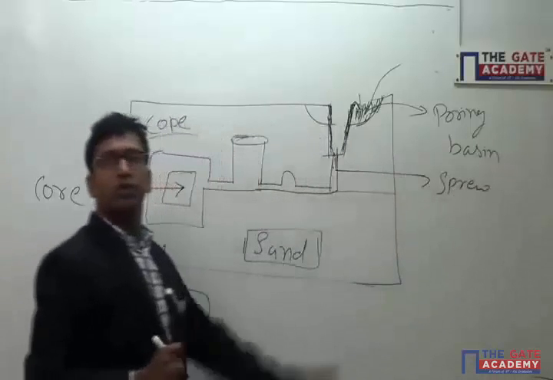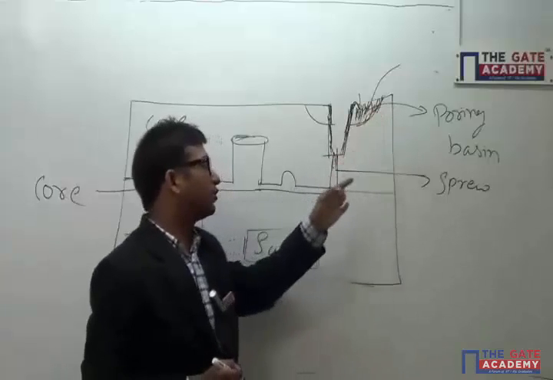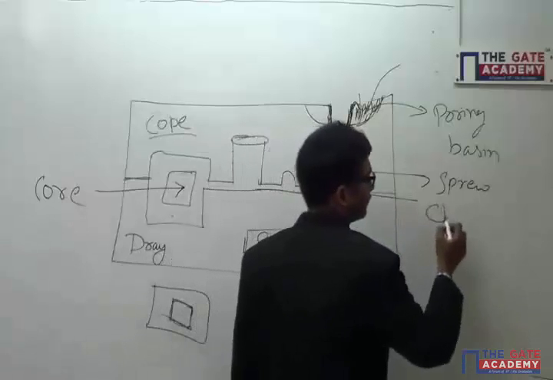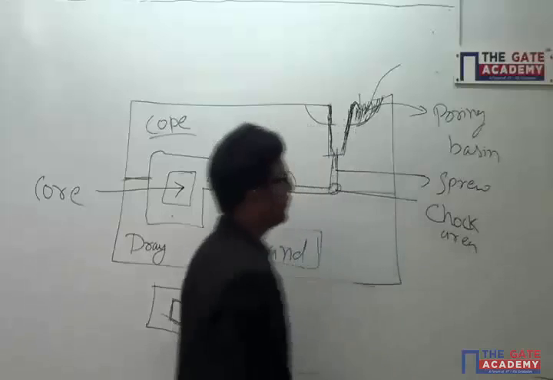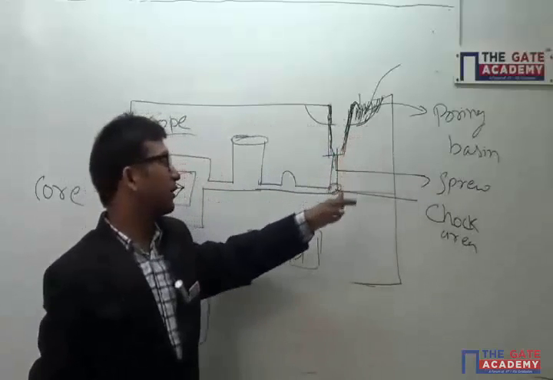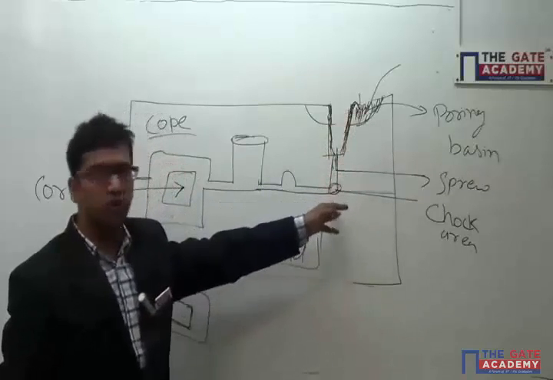By the sprue, your molten material is flowing from your pouring basin to your choke area. So this area is called your choke area.